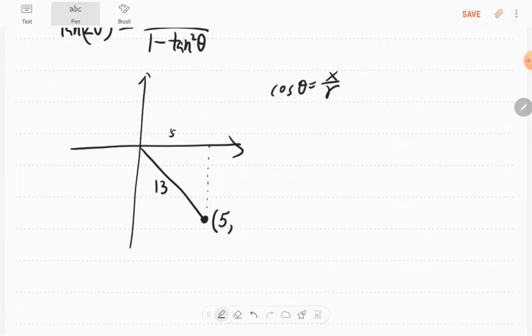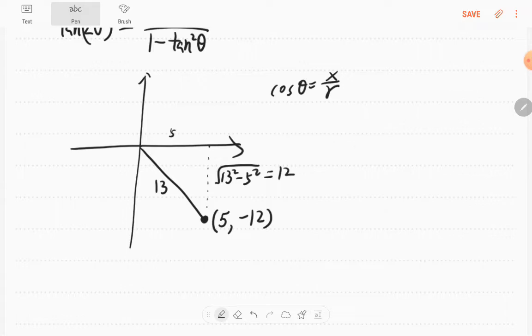So you're using 13 square minus 5 square, which is 144. Take the square root, it's equal to 12. However, this point is on the negative part of the y-axis, so it's negative 12. The length is 12, but the coordinate is negative 12.